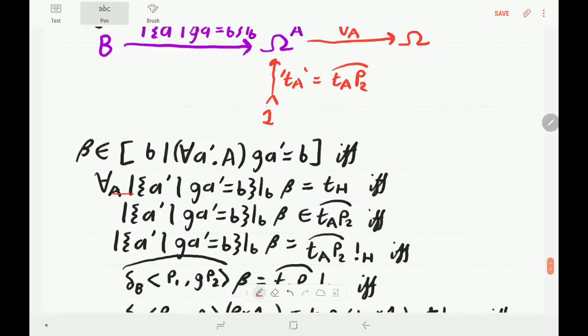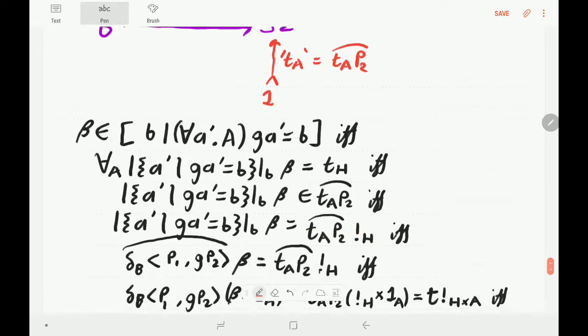Now, we use the fact that for all A's classifying arrow, which we understand. So it means that the interpretation of the set of A dash such that GA dash equals B on beta is in the transpose of TA P2, well, we can rewrite that as saying it's equal to the transpose of TA P2 after exclamation mark H.